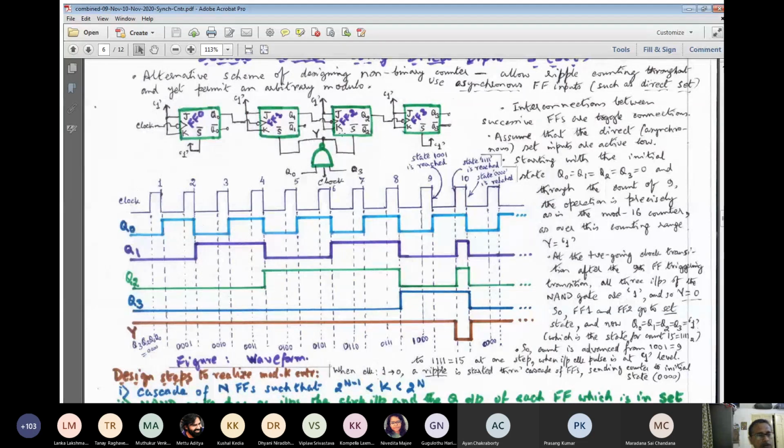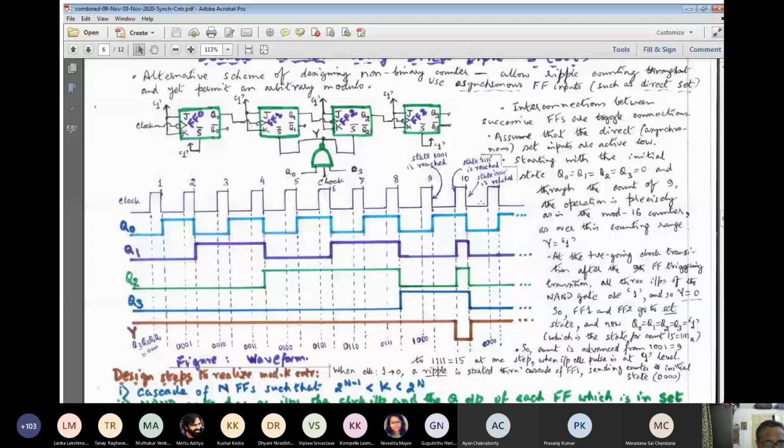Now, why is it so? For your benefit, I have written the state of the counter. Assuming all the flip-flops are negative edge triggered, the triggering transitions are numbered 1, 2, 3 and so on. Although it could have gone up to 16, we have numbered it up to 9, then 10, and stop.